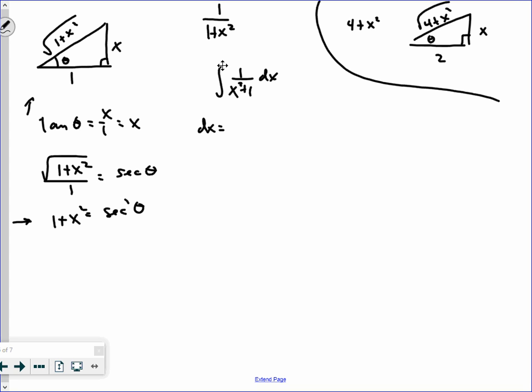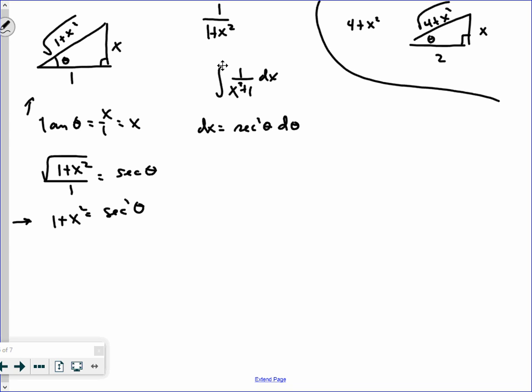So get your calculus book out every now and then and make sure you've got these. This particular book I gave you has reference pages in the back with derivatives of your trig functions, inverse trig functions, tables of basic integrals and stuff as well. So the dx is the derivative of tangent, secant squared theta, and now I don't know what the derivative of theta is, so I'll just put d theta.